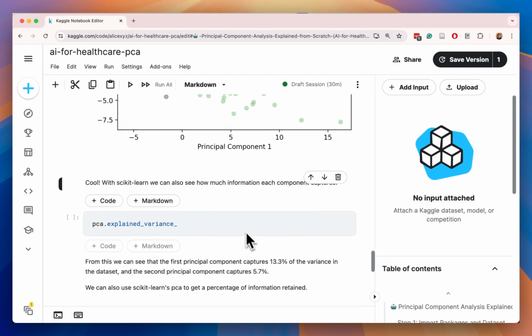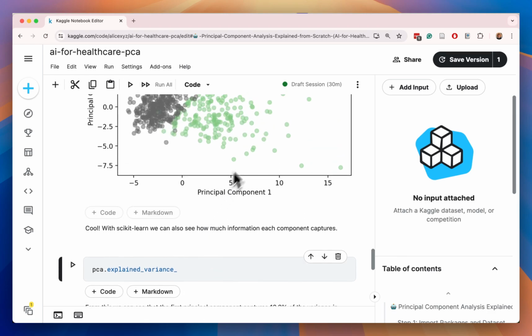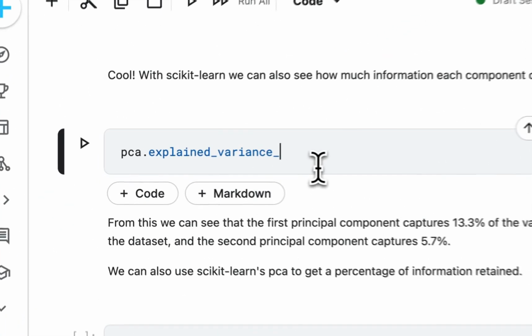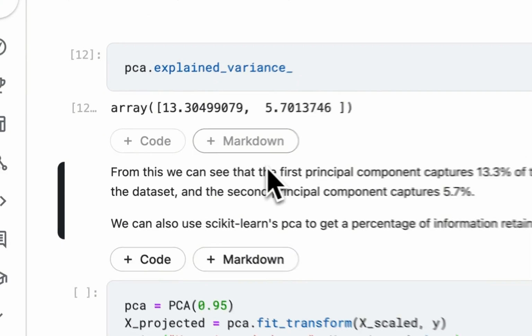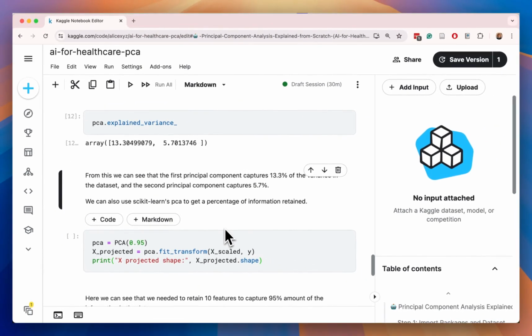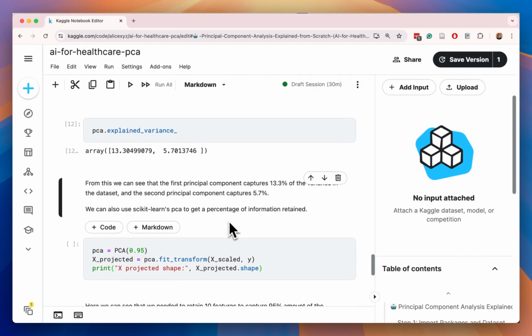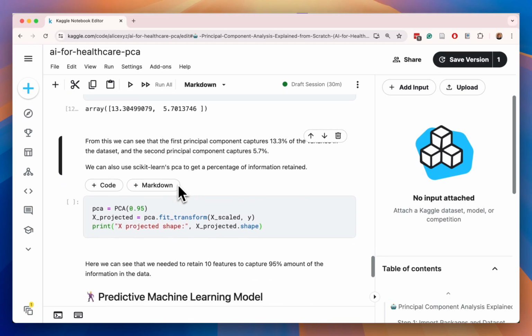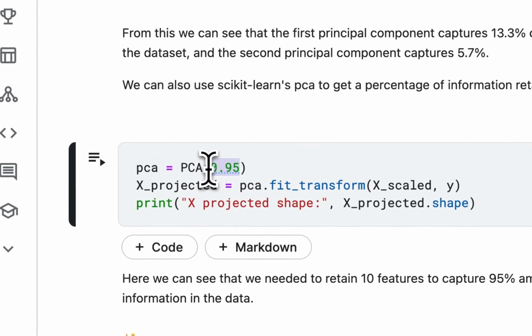And with scikit-learn, we can also see how much variation all of these components are actually describing using the explained variance. And from here, we can see that the first principal component captures about 13.3% of the information, and the second one is like 5.7% of the explained variance. And what we can do, instead of specifying how many components to keep, is we can also specify the percentage of information that we want to keep.